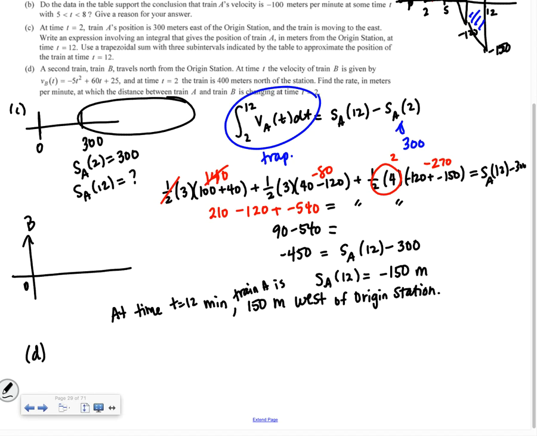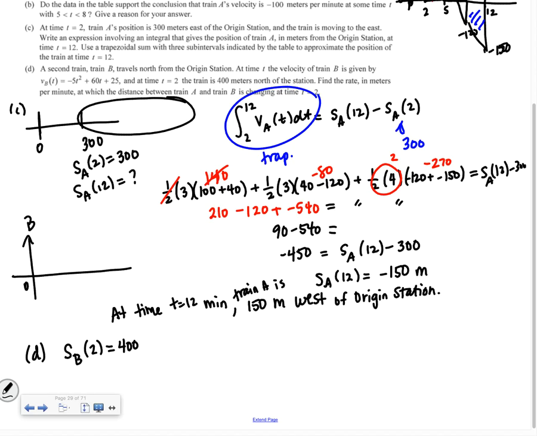And at time 2, train B is 400 meters north of the station. So we're going to say the position of train B at time 2 is 400 meters, but now we know it's on the north-south line. Find the rate in meters per minute at which the distance between train A and train B is changing at time t equals 2.